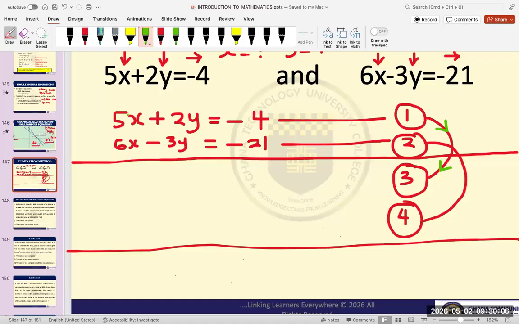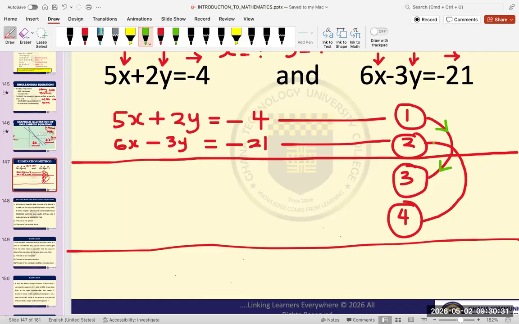What I mean is that if you see x here, when you look down, you have to see x. And here too, if you see y here, you have to see y here before you start the movement. Make sure that all the variables are aligning. All the variables are on the same line.